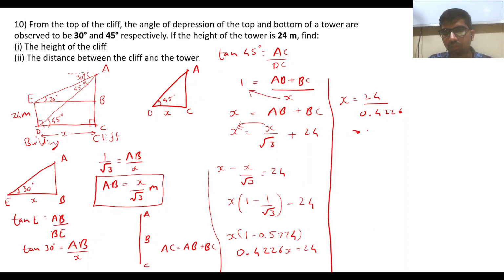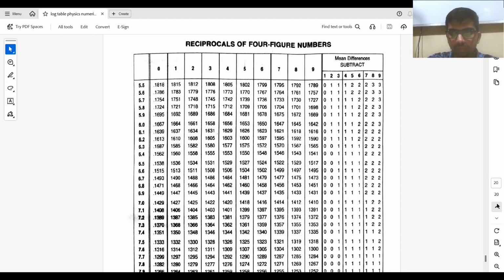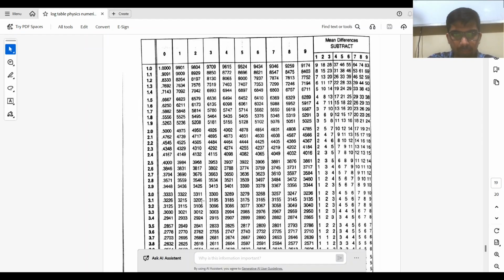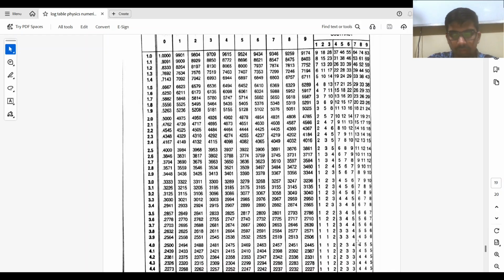So first find the reciprocal of 4.226 inverse. ठीक है. इसका रेसिप्रोकल पहले फाइंड करो. 4.226. 4.2, this coming. ठीक है. 4.22. 4.2 का सेकंड. तो 4.2 का सेकंड इज 0.2370.